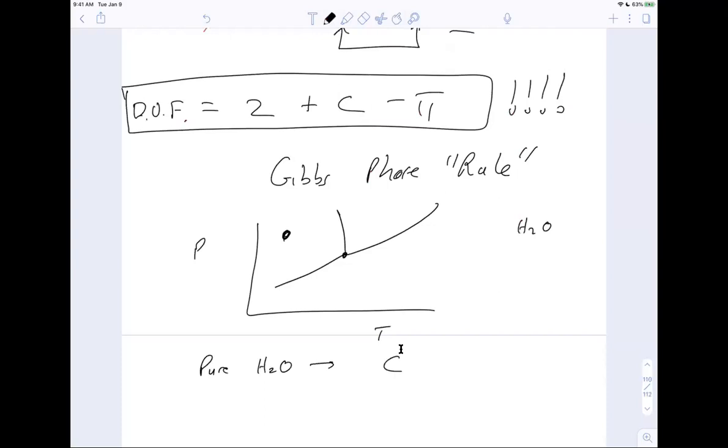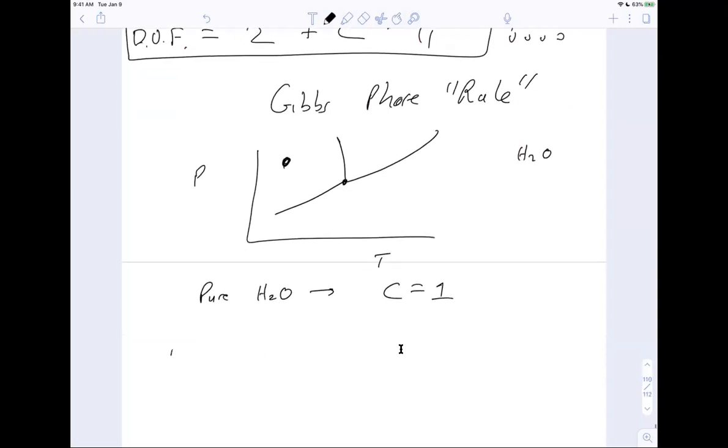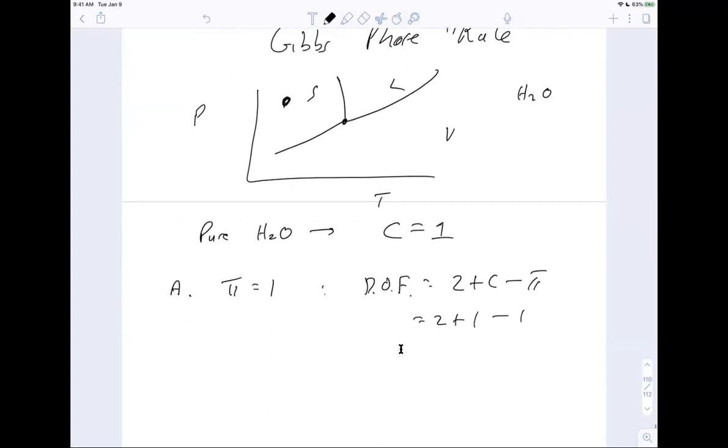So therefore, C is going to equal 1. So if pi is equal to 1, where you have a single phase, i.e. solid, liquid, or vapor, the degrees of freedom are going to be 2 plus C minus pi, which is equal to 2 plus 1 minus 1, that equals 2.